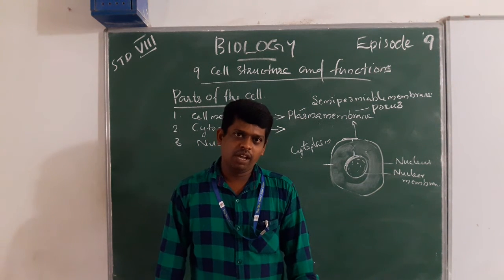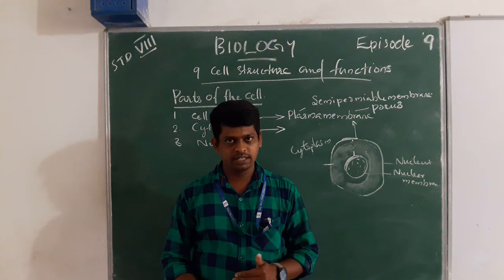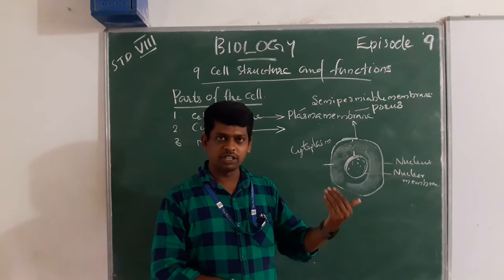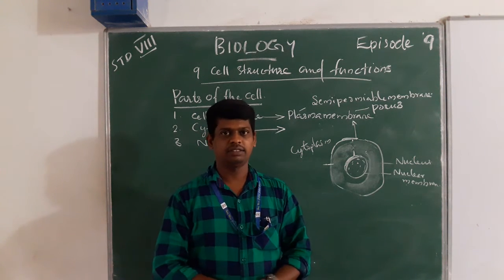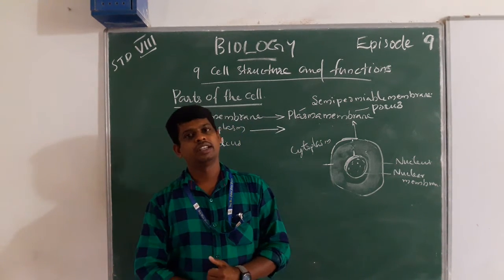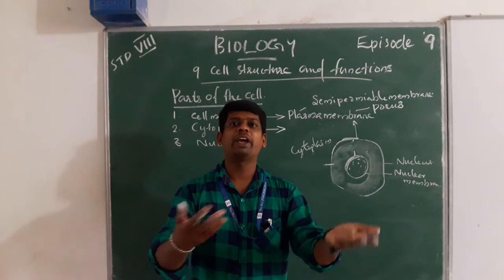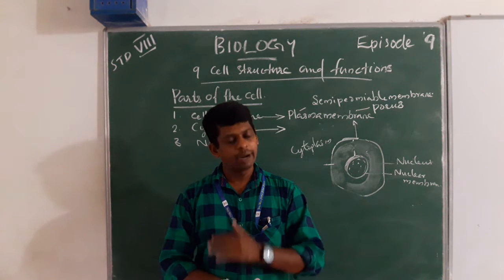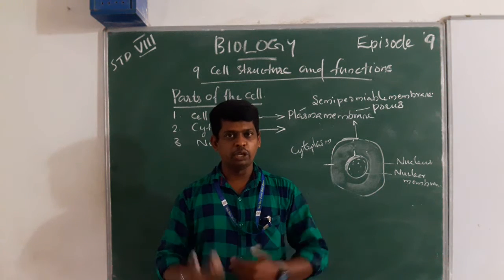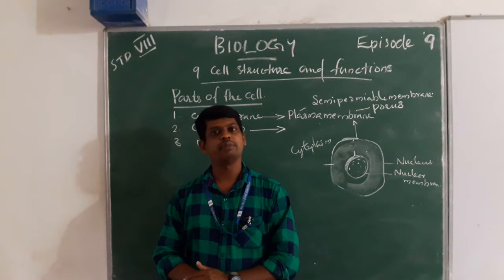We discussed in the previous class that Robert Hooke in 1665 discovered the plant cell from cork slices. He made his own microscope. But now we use this type of cells for determination of cell inclusions and cell materials.